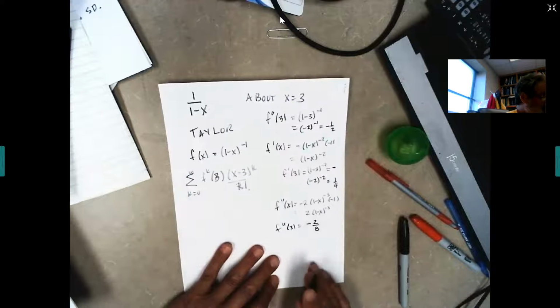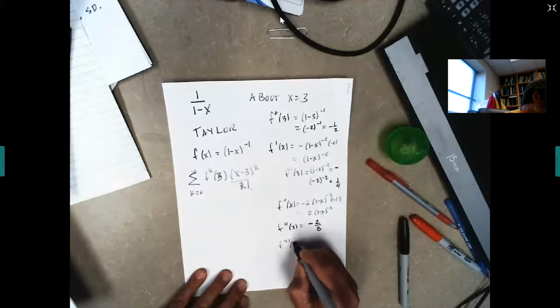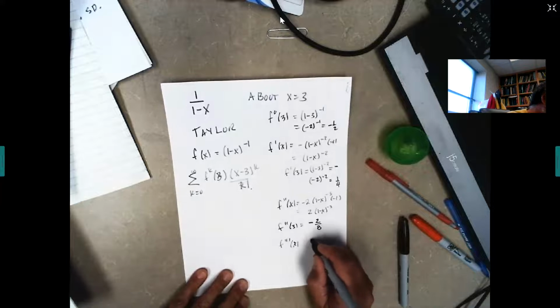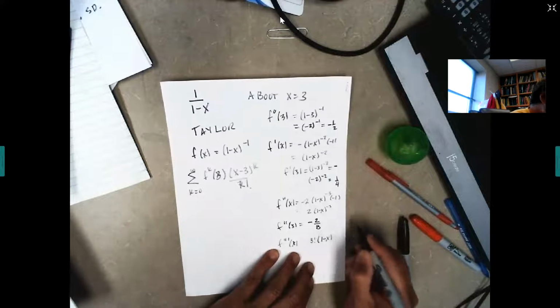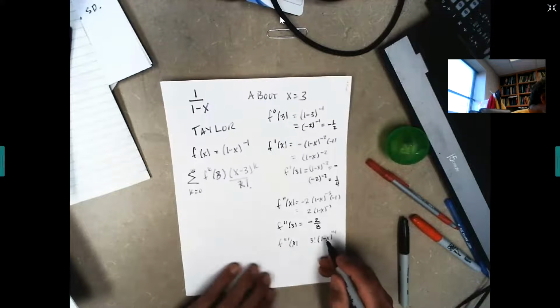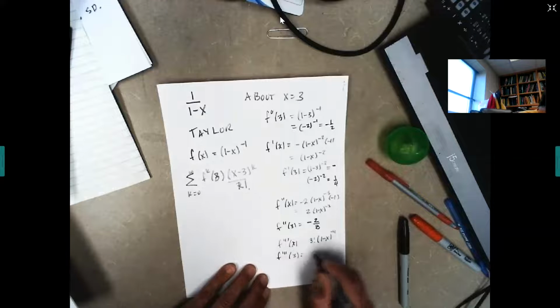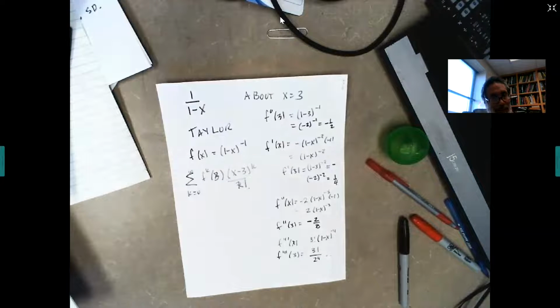And the pattern continues, because the next derivative, the third one, you get a 3 times a 2. So that's a 3 factorial, 1 minus x, and I get a negative 4 times negative 1, so that we get that. So the third derivative with 3 plugged in is 3 factorial divided by 2 to the 4th, and so forth. So you do get an alternating series.